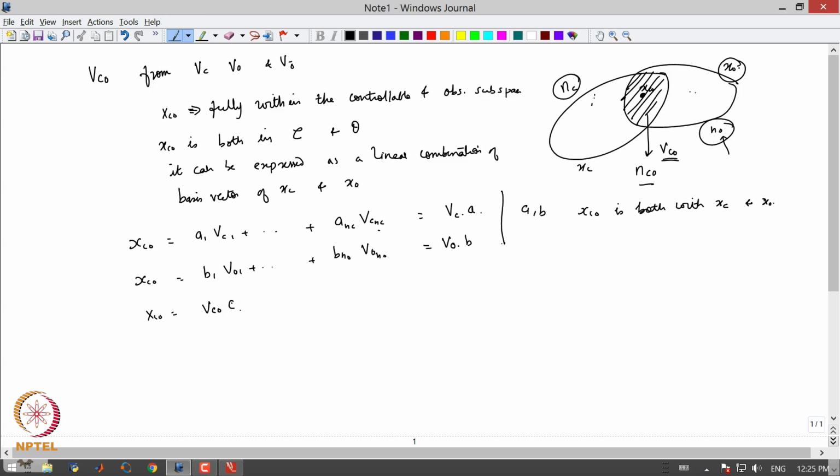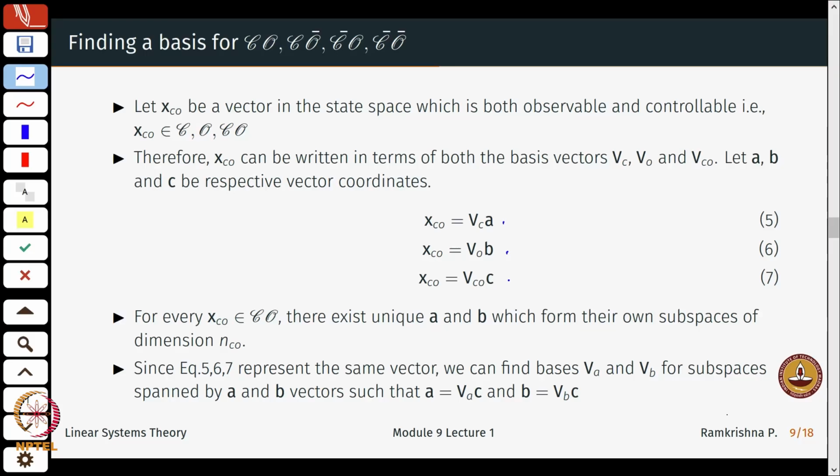Now, given these two vectors, how can I find a basis for Vco, for this intersection space here? So for every xc naught in the controllable and observable subspace, there will exist a unique a and b which form their own subspaces of dimension nco.